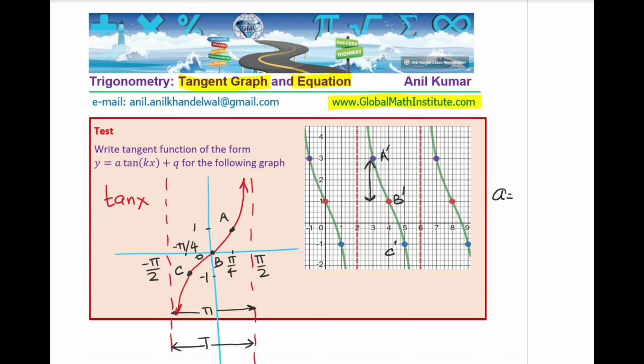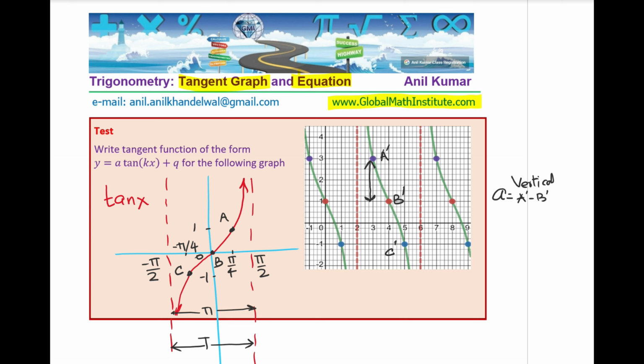Because if a is, let us say, 2, then this value 1 will become 2. But the value at B will remain 0. So that difference is the vertical stretch for us. So we can say that the y values between A dash and B dash will give us the value of a. That is the vertical distance, the vertical stretch: A dash minus B dash.